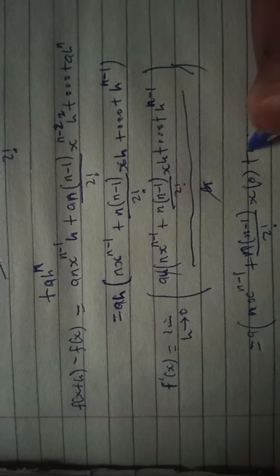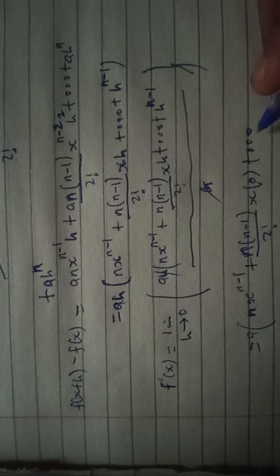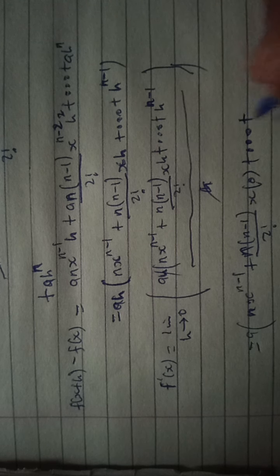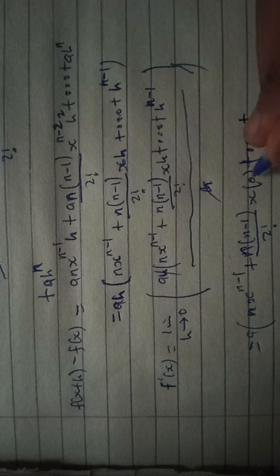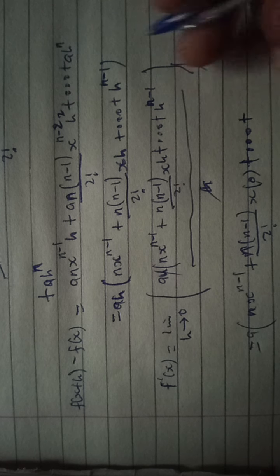Notice that, as I told you earlier, in this dot dot dot, h will be there throughout, whatever infinity term it is going to, h will still be there. So all those terms will be zero. Don't say it is not true. It is true, because h will be there, h square, h cube, and it continues till h power n minus 1.